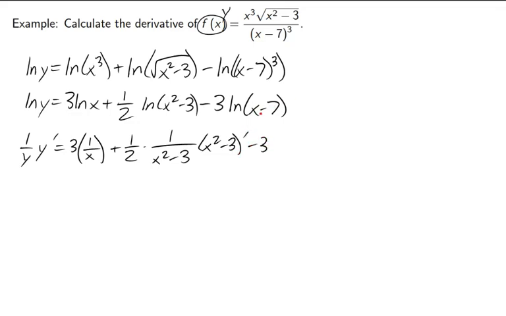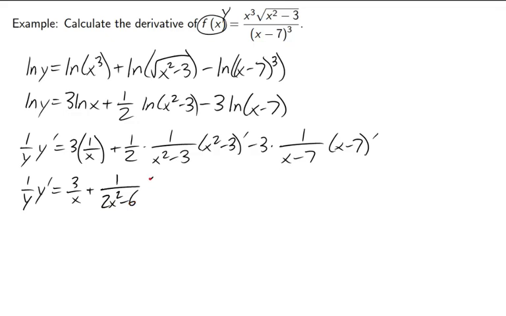Then the derivative of natural log of u is again 1 over u times the derivative of u. So we get 1 over y times y prime equals 3 over x plus 1 over 2x squared minus 6 times the derivative of x squared minus 3, which is 2x, minus 3 over x minus 7 times the derivative of x minus 7, which is just 1.